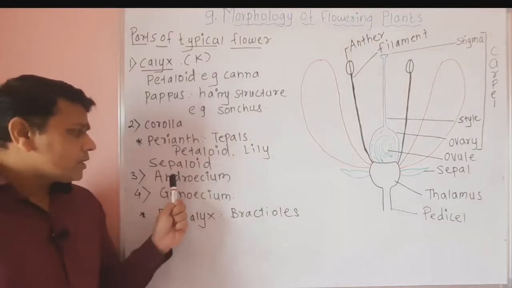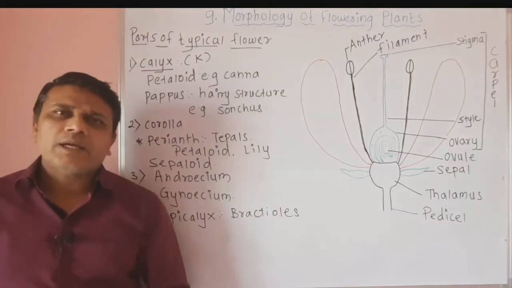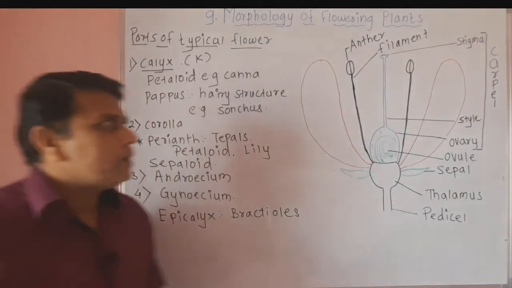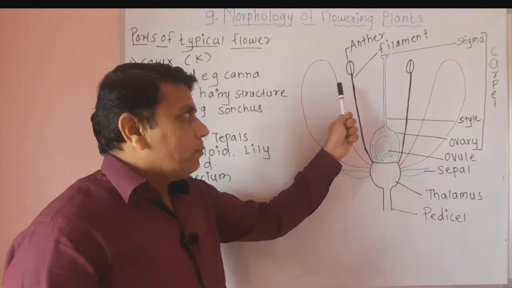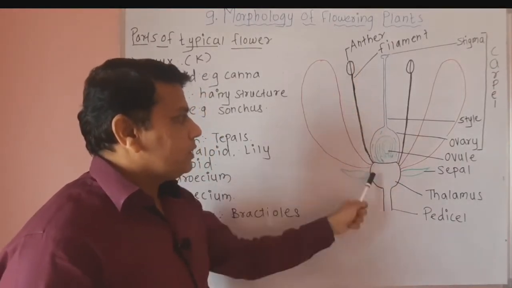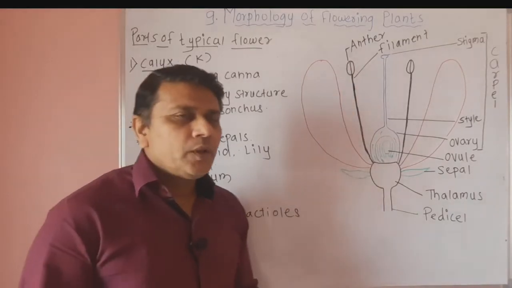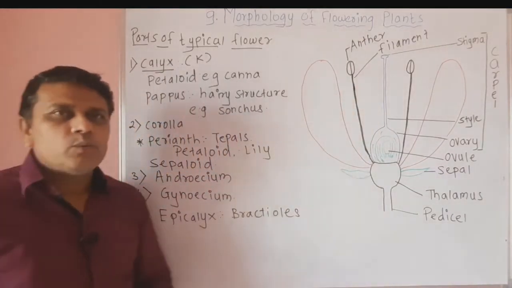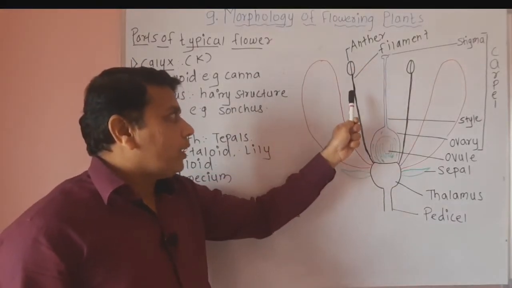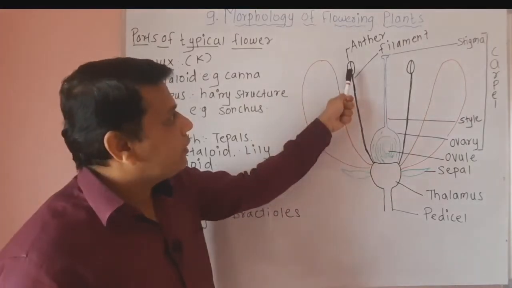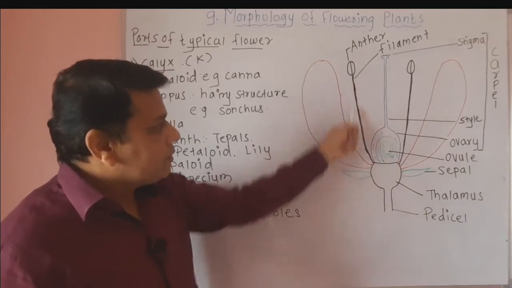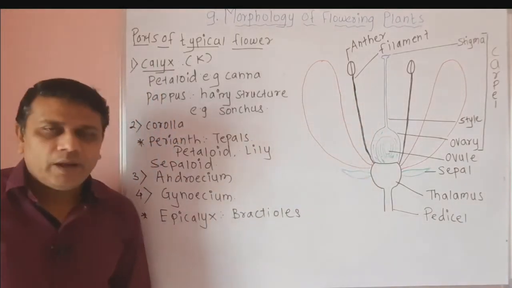Then the next whorl of the flower is called as androecium. Now androecium is the male reproductive whorl of the flower. Here the members of androecium are called as stamens. Here we can see entire stamen. Now stamen is differentiated into three parts. These are anther, connective and filament. So here at this point we can see connective, and this part is called as filament.